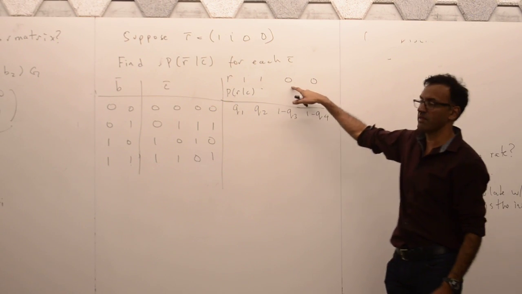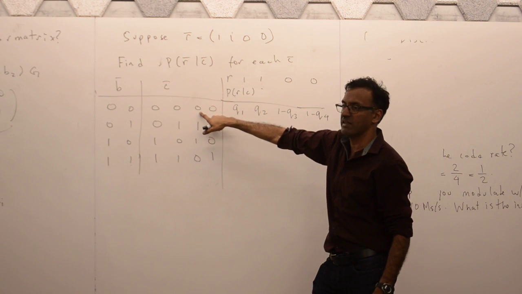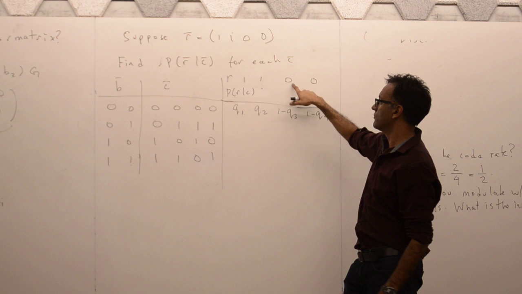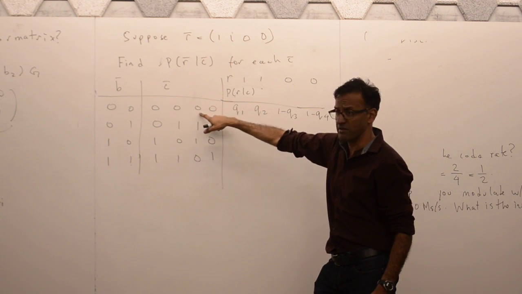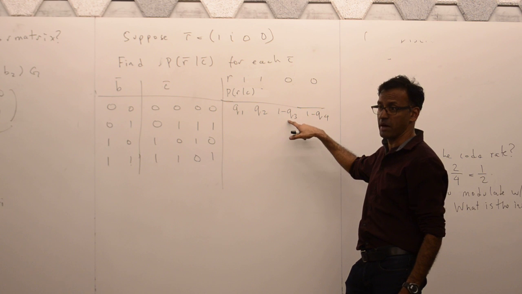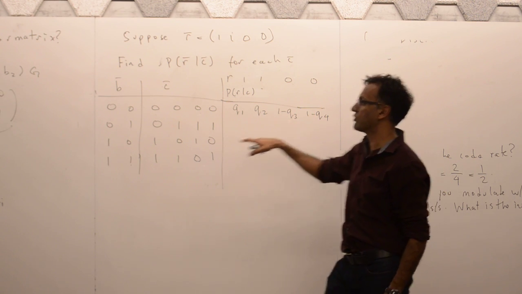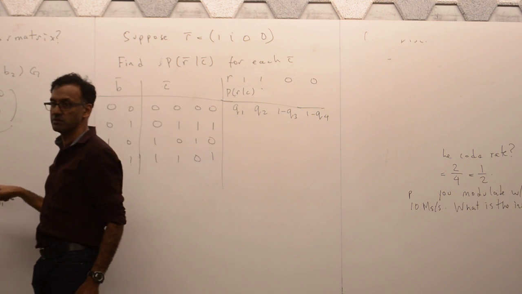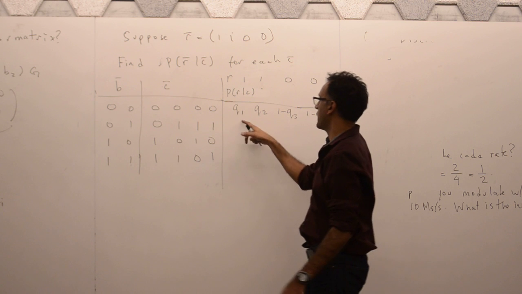Does that make sense now? So you transmitted C3, and we know we received a 0. Had you transmitted a 0, that would have occurred with probability 1 minus Q3, not Q3, because Q3 is the probability that they're not equal. So basically, every time they're not equal, I put a Q1.